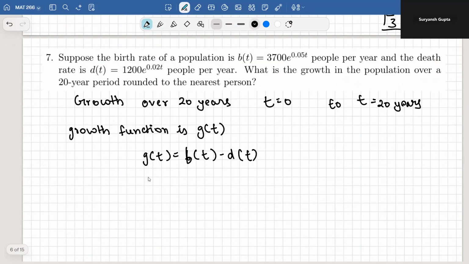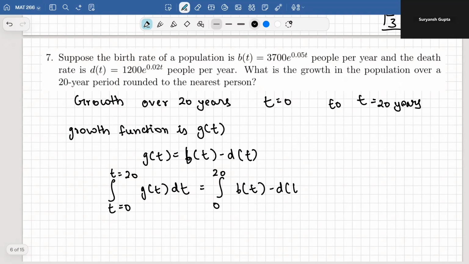So our integral would look like t equal to 0 to t equal to 20 of g of t dt. And we know that g of t is equal to the birth rate minus death rate. So 0 to 20 of B of t minus death rate D of t.